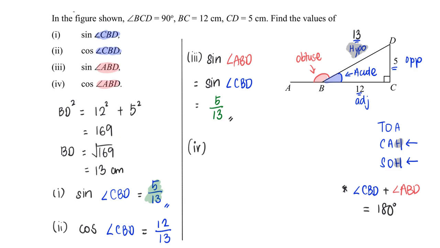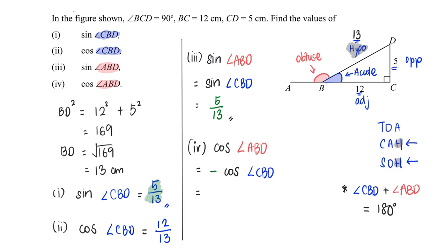As for cosine, there is also another special relationship between the obtuse and the acute angle, where these two angles are supplementary. The cosine ratio of the obtuse angle is equal to the negative of the cosine ratio of the acute angle.